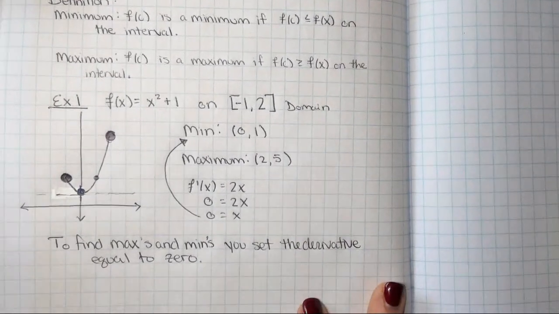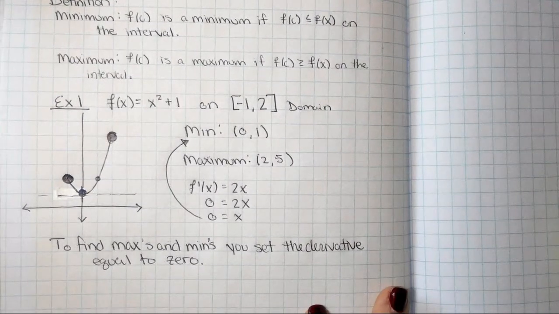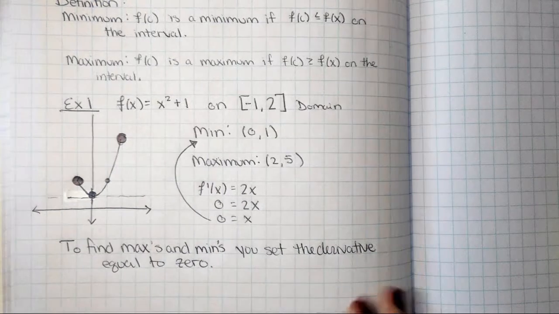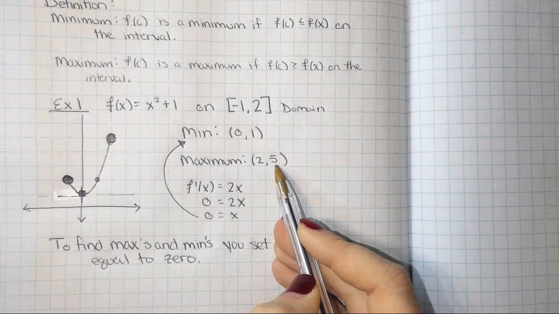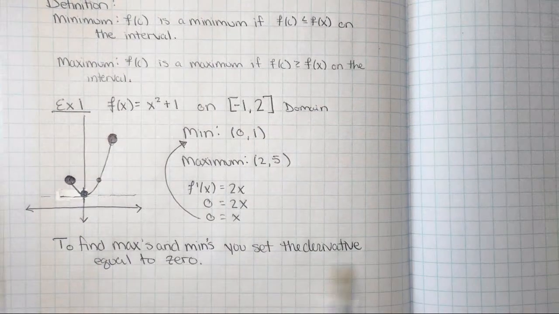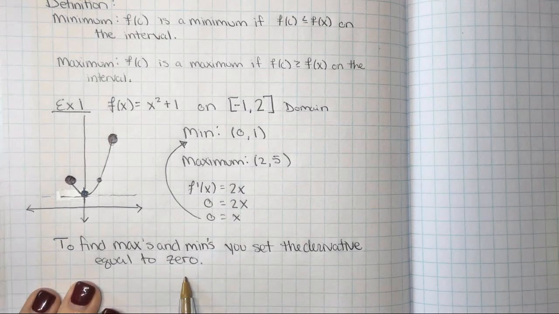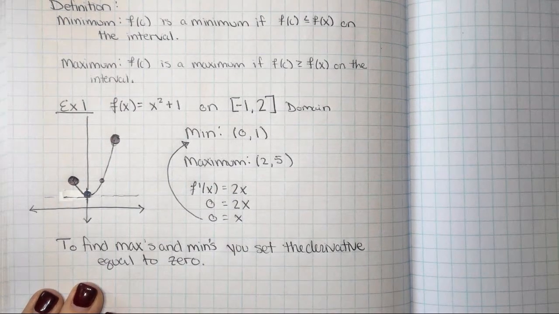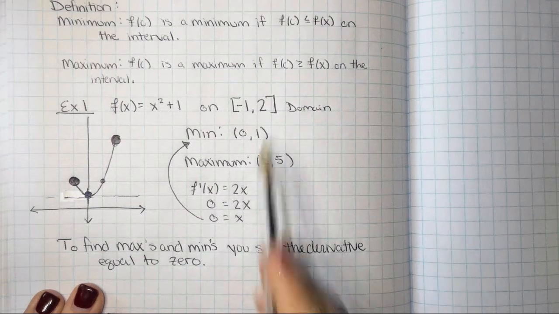Because we had a maximum occur where? It occurred at 2, 5, which was on my what? So, okay. To find maxes and mins, you find the derivative, set it equal to 0, solve for x, right? We're going to plug those x values in. And then we also have to check our endpoints.